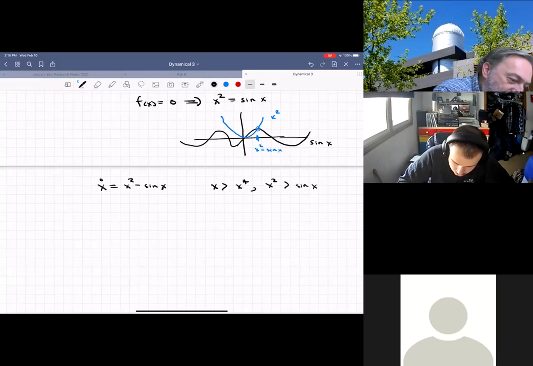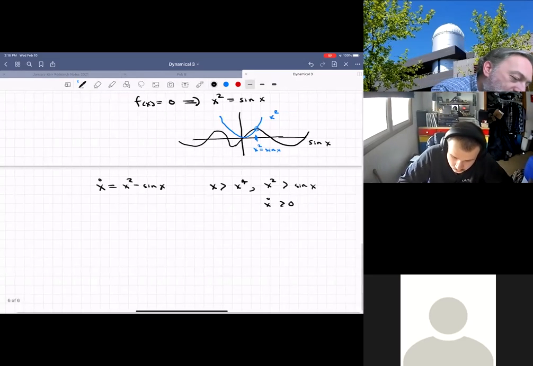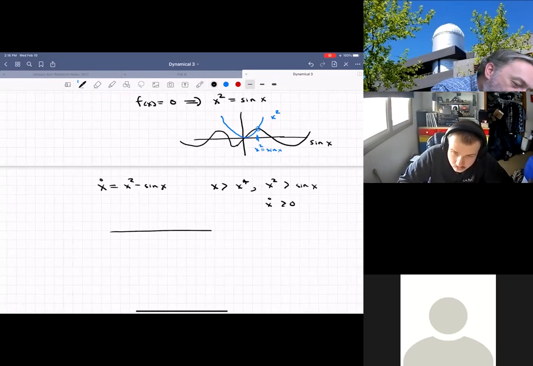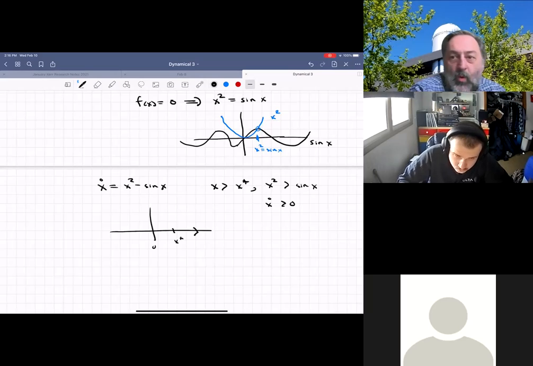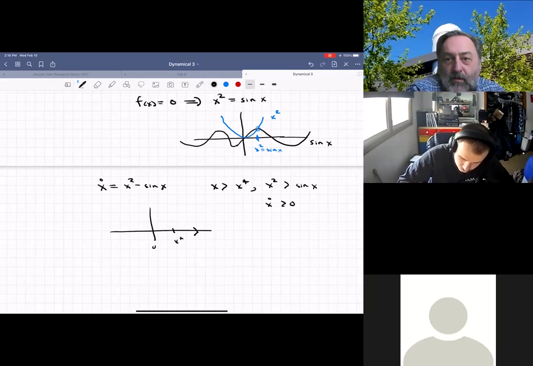And so I can see that x dot is positive there. So I know that there's some x star over here, and that the flow is away from that point because x squared is more than sine of x after that point.